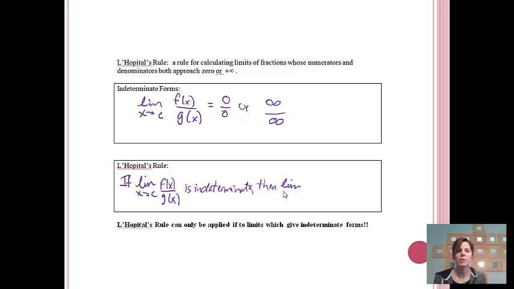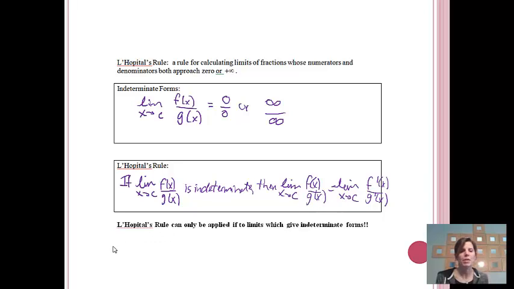It says the limit as x approaches c of f of x over g of x is the same thing as the limit as x approaches c of f prime of x over g prime of x. So basically, we'll just take the derivative of the numerator and the derivative of the denominator to see if that makes it easier for us to take our limit.